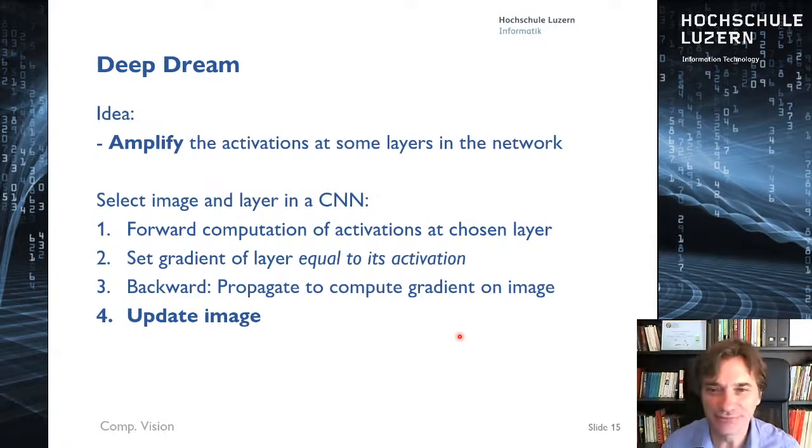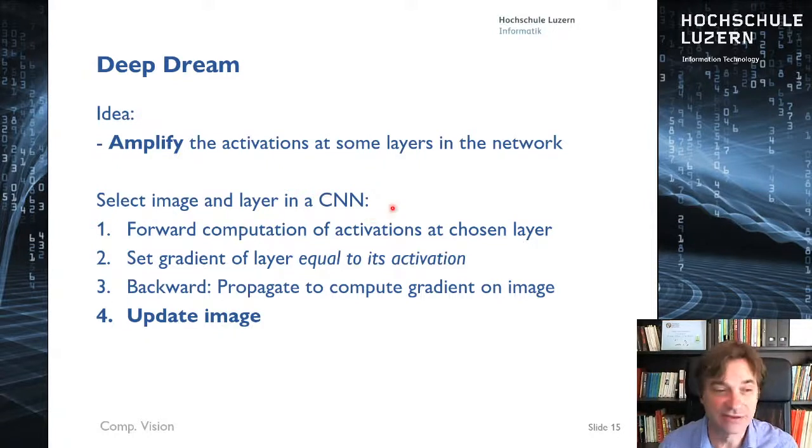So for this deep dreaming, we can use one of those techniques, namely the activation. The idea is that we look at some activation in the network and we try to enhance it. So how can we try to enhance it? We just compute the normal activations of the image, so we just run the image through the network.